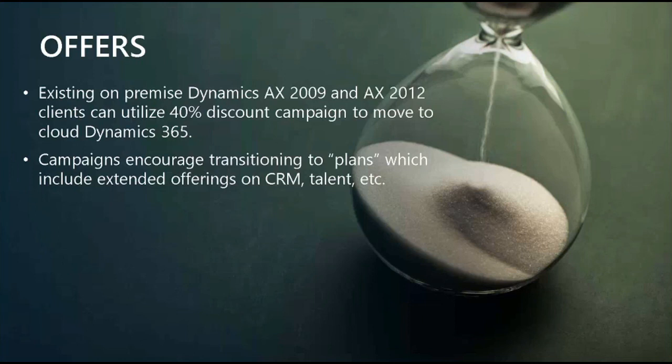Once you get into that 40% discount campaign, while you are moving your ERP, you are automatically going to get CRM because those discounts are applied to these plans, which include ERP and CRM. And after you apply the discount, it's much more attractive than just upgrading the ERP. You basically get CRM almost embedded within your transition.